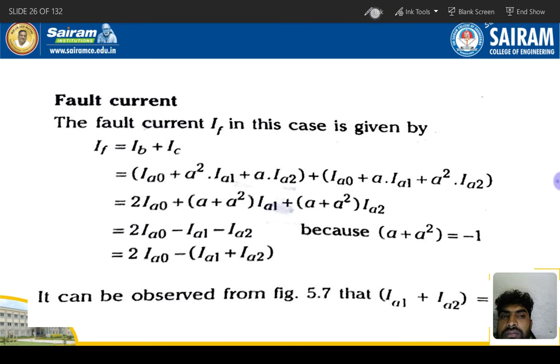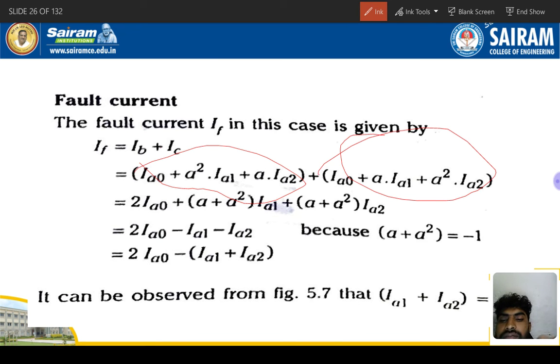So the fault current IF in this case is given by IF is equal to IB plus IC, because it is entering into ground, right? So IB plus IC is the fault current. Substituting the IB and IC values here, finally we get 2 IA0 minus IA1 plus IA2.